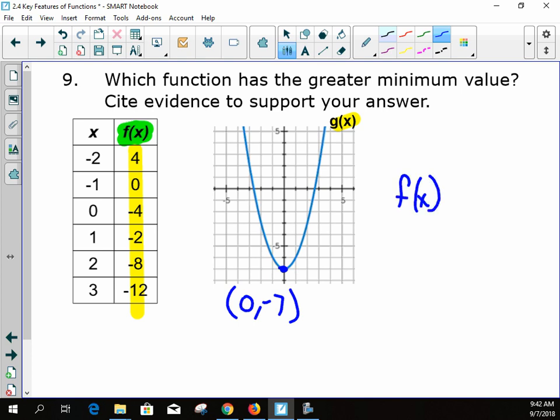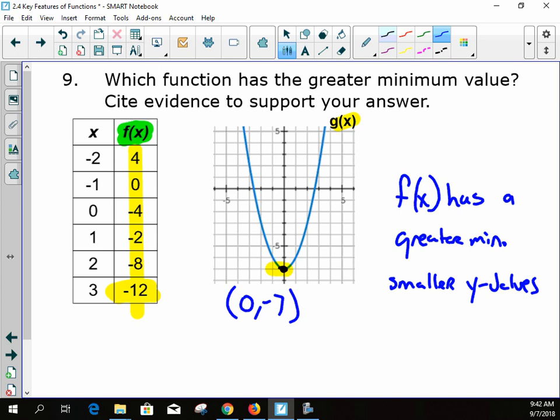F of x has a greater minimum. Why? Smaller y values. See? My y value here goes to negative 12. Where does my y value here go to? Negative 7. Is it going to go lower than negative 7? No.